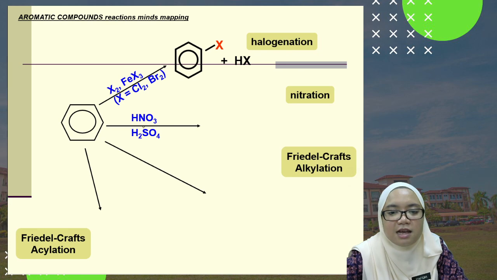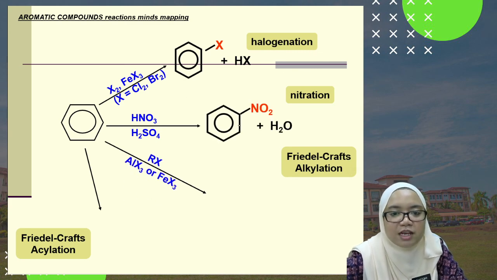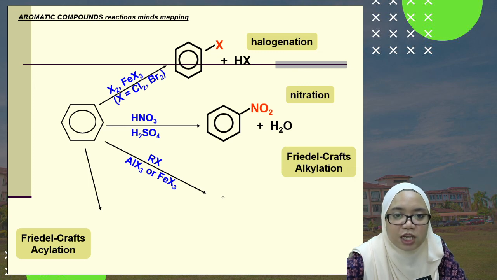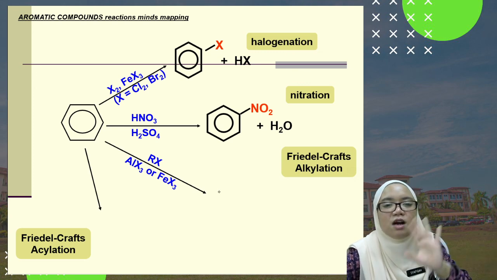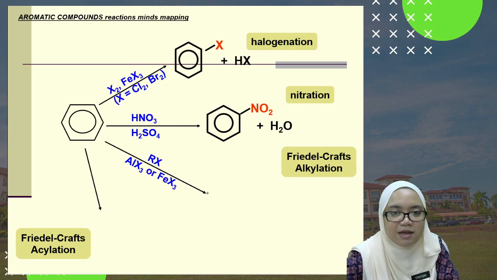And then next adalah nitration reaction di mana benzene ring react with nitric acid with the presence of concentrated sulfuric acid to form nitrobenzene and water. And then kita ada Friedel-Crafts alkylation. So the alkylation here means the transfer of alkyl group into the benzene ring. So dia tukar tempat dengan hidrogen dekat benzene pada mulanya tu.